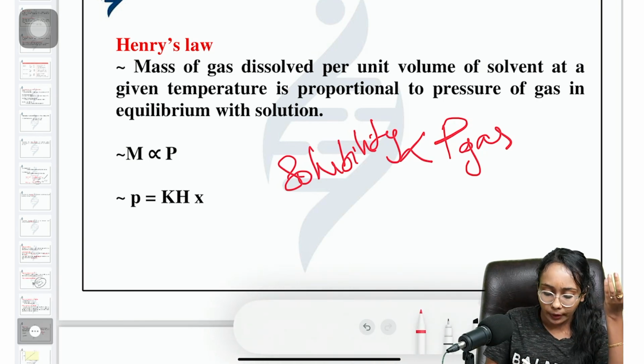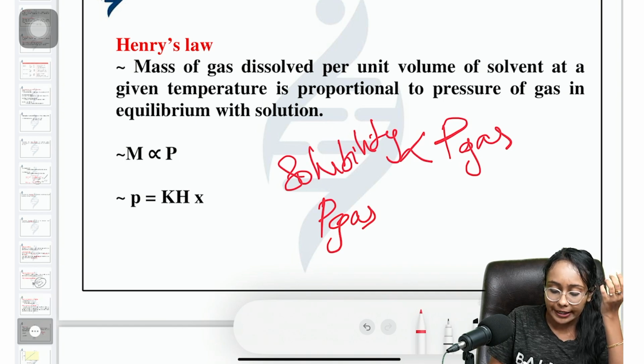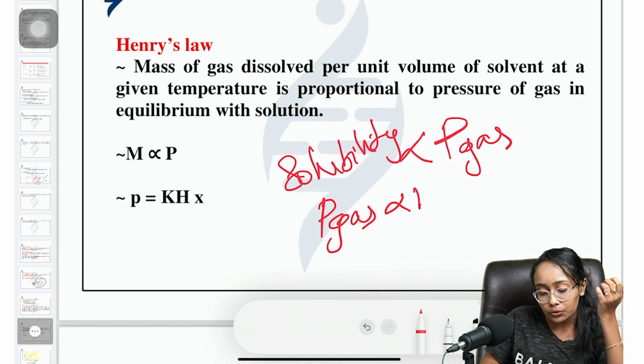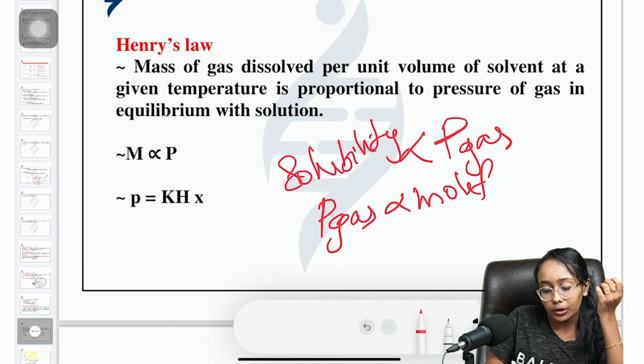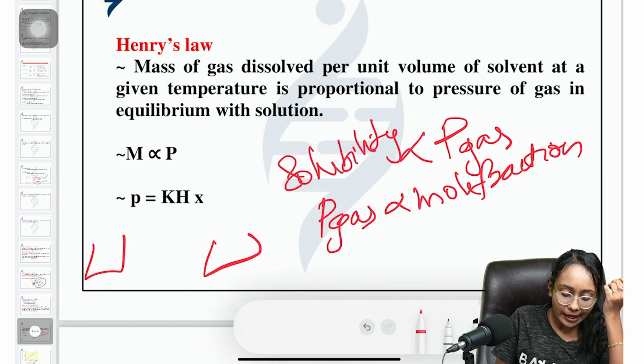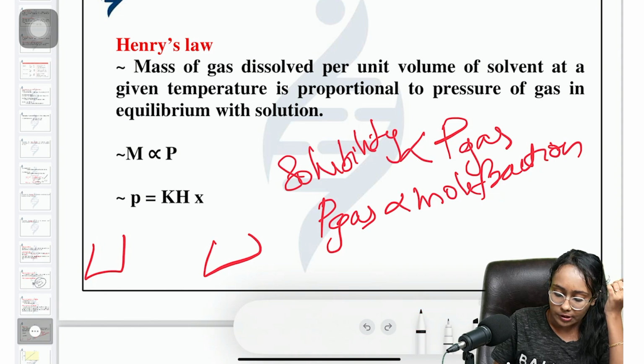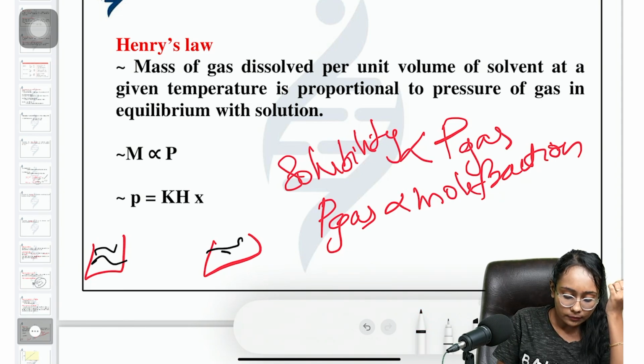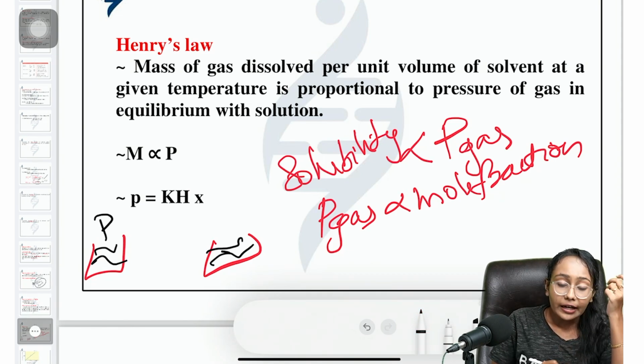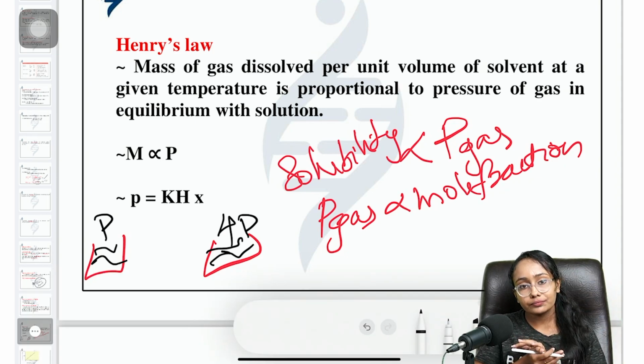Now, partial pressure of the gas is directly proportional to mole fraction of the gas. Consider two glasses. I have some solutions in it. I'm applying a pressure P here. I'm applying a pressure 4P here.